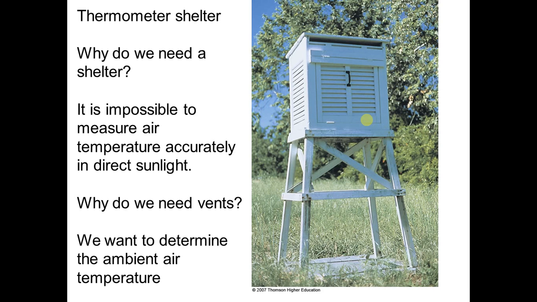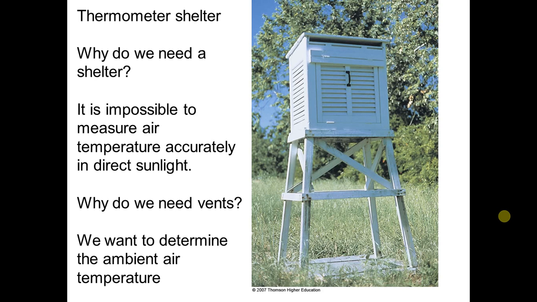Why are vents needed? Because one wants to determine ambient air temperature. If there are no vents, it will get too hot inside, and the thermometer will be inaccurately high. Okay, we need vents to get that ambient air inside. Finally, notice that the shelter is colored white, and that is to prevent, again, absorption of sunlight.